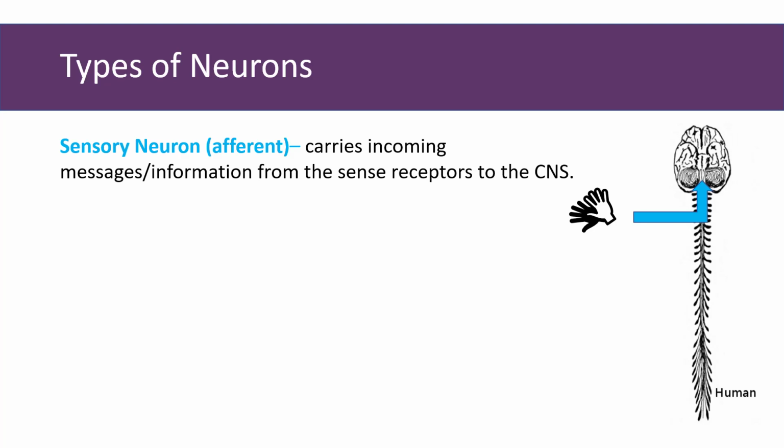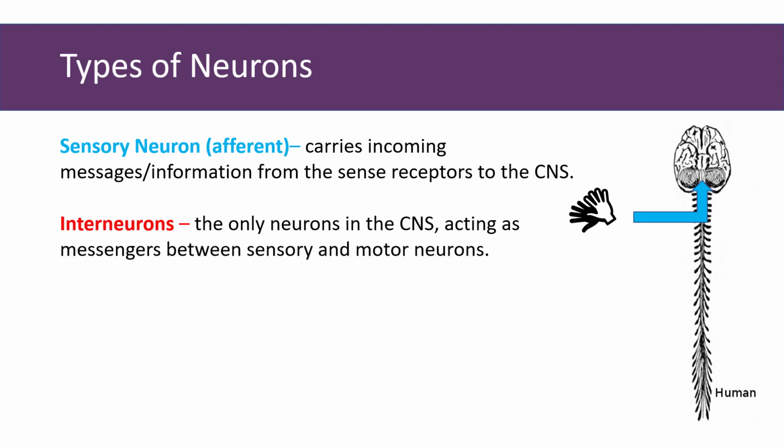We're going to use the sense of touch as our example here. So you touch something hot, it sends a message from the sensory neurons, those afferent neurons, to the brain. And then we have something called an interneuron, and these are the only neurons in the central nervous system. These are the intermediaries.